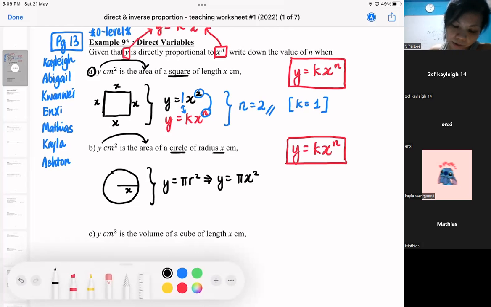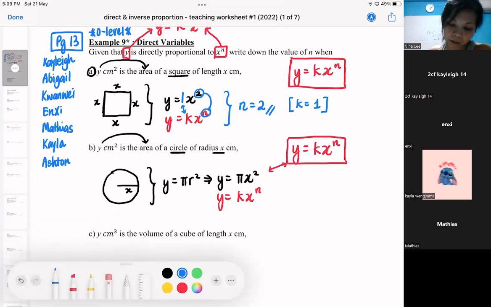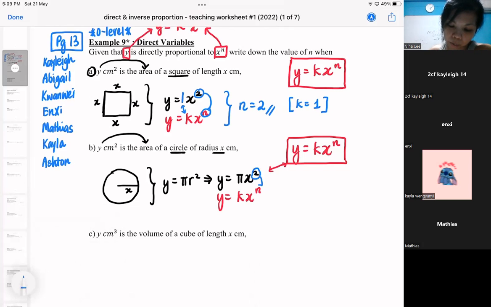Again, you put the direct proportion side by side. Can you see that your n is equal to 2, and your k is equal to pi?